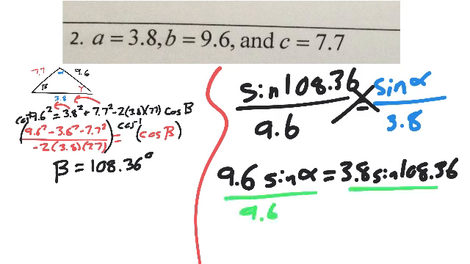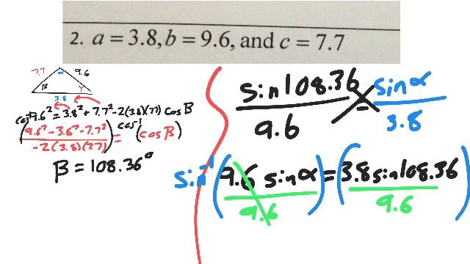Divide by 9.6. And then I'm going to take an inverse sine. So that's going to give me alpha equals the inverse sine of 3.8 times sine of 108.36 divided by 9.6. I find alpha is 22.07 degrees.